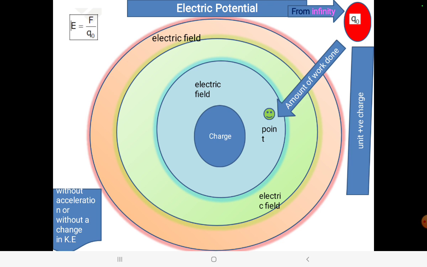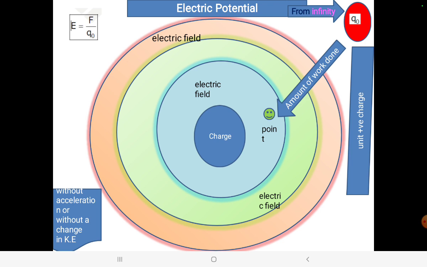If I change the energy levels, then automatically acceleration occurs. So here the condition is without giving any acceleration. That means no change in its speed, and also no change in kinetic energy. By these conditions, how much work I can do to bring that positive charge from infinite distance to a particular point in that particular field, that amount of work is nothing but electrical potential.